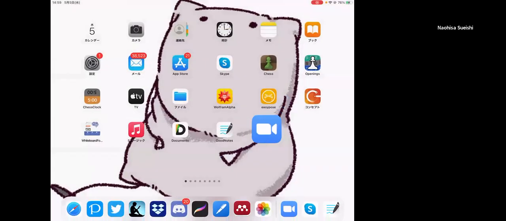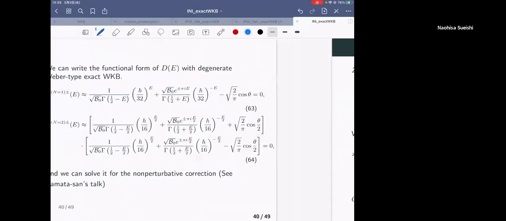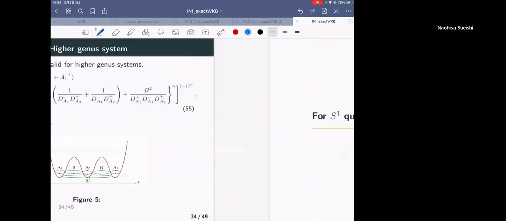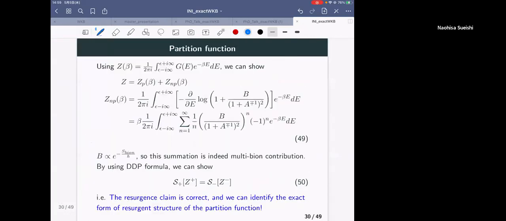And possibly because of the Borel transform. Yeah, actually, it has this Borel transform. For example, okay, this is easy.